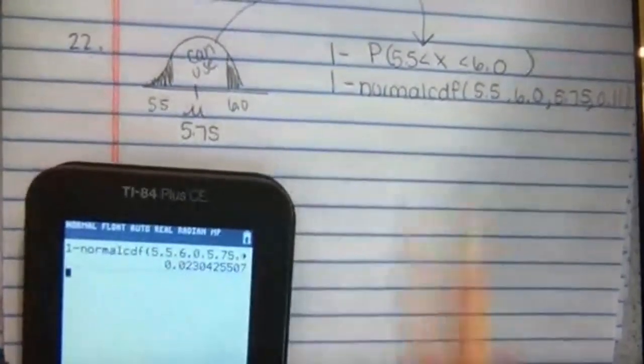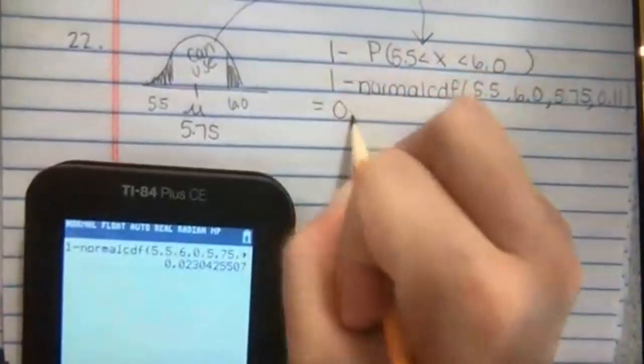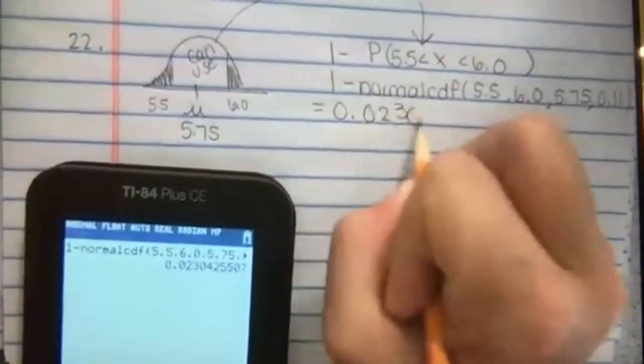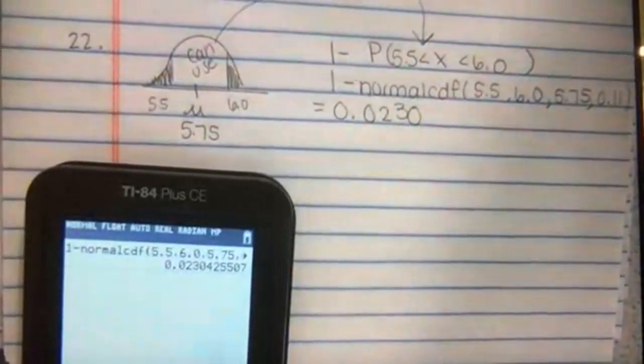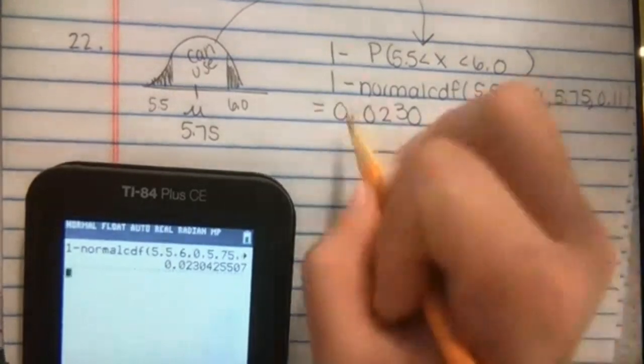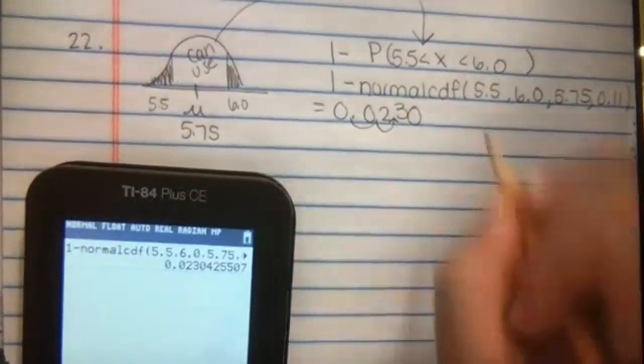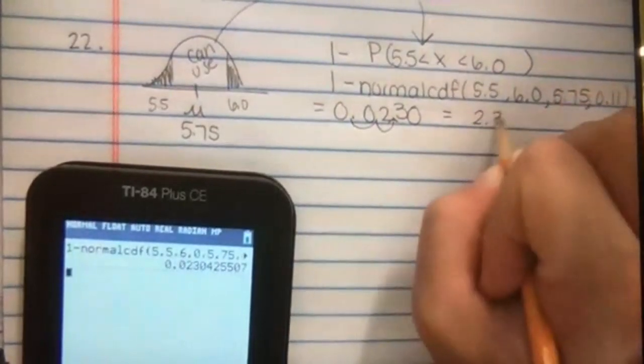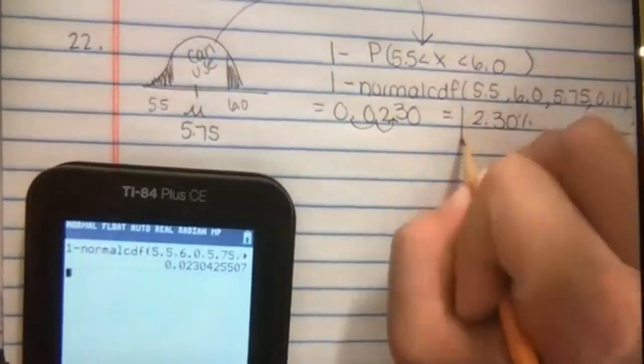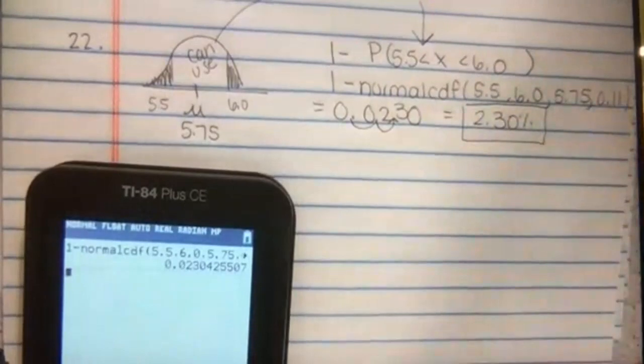There is my answer, 0.0230. But remember, it asked for a percentage. Turning this decimal into a percent, moving my decimal 2 places to the right, 2.30% cannot be used. And that's my final answer.